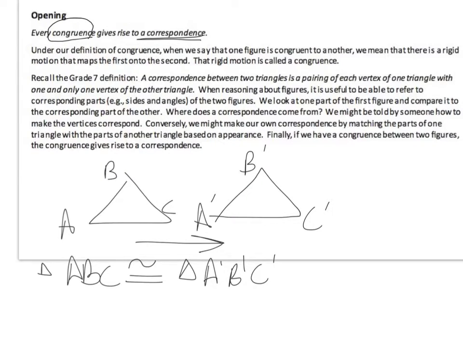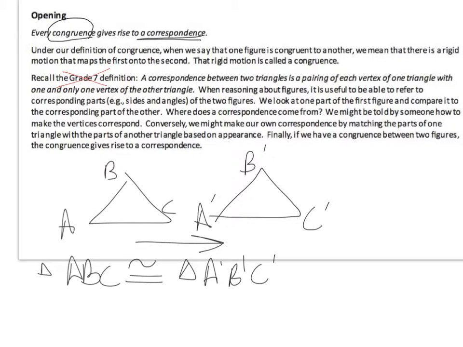The whole 7th grade reference isn't really relevant to you guys since you didn't use this textbook in 7th grade, but a correspondence between two triangles is a pairing of each vertex of one triangle with one and only one vertex of another triangle.